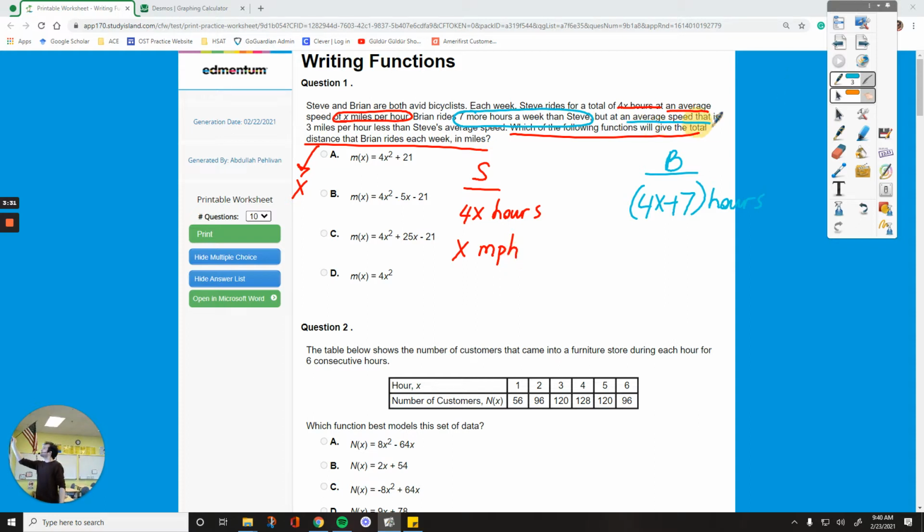So an average speed that is 3 miles per hour less than Steve's average. So 3 miles less than Steve's. Steve was x miles per hour, so this is x minus 3 miles per hour. Now let's see the question.